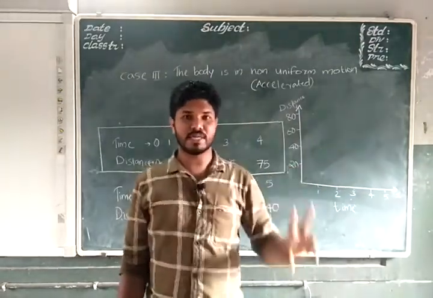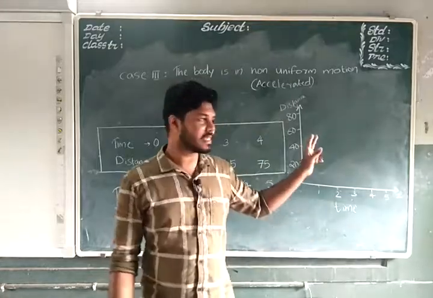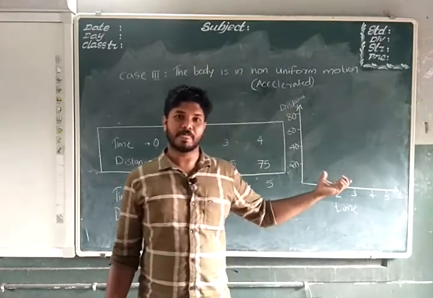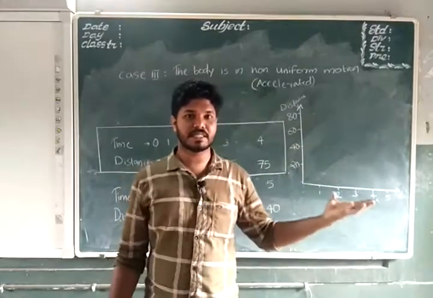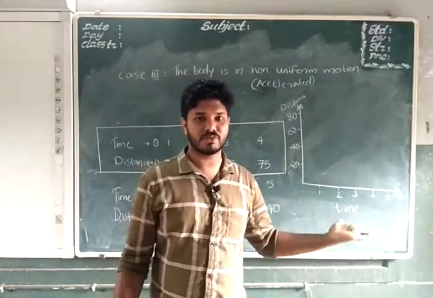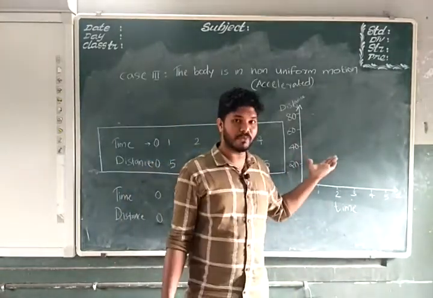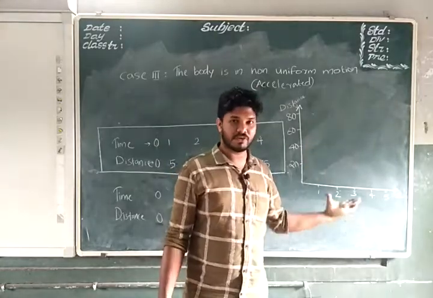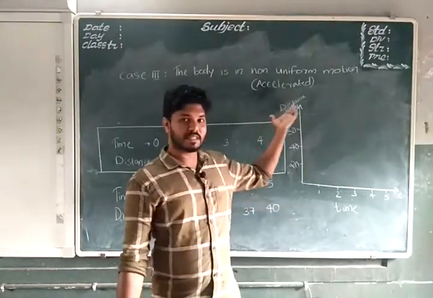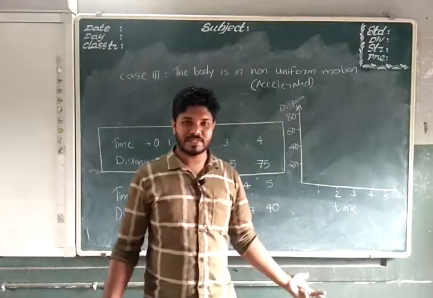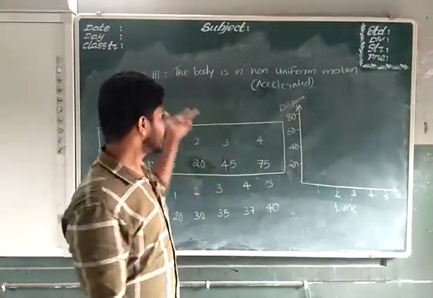Those were the two cases we discussed, and from that we discussed how to obtain the slope of the graph. The slope of the distance time graph is equivalent to speed or velocity. The slope of a distance time graph is equivalent to speed, and if it is a displacement time graph, the slope is equivalent to the velocity. Now we are discussing the third case.